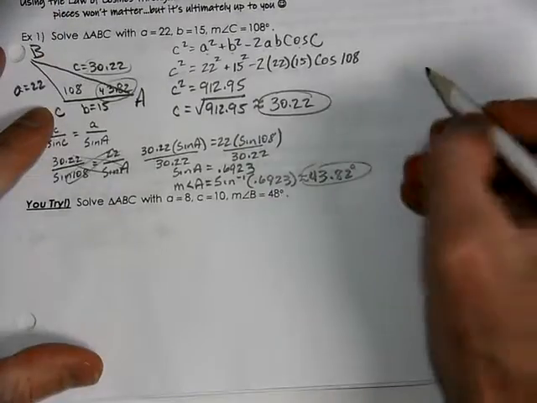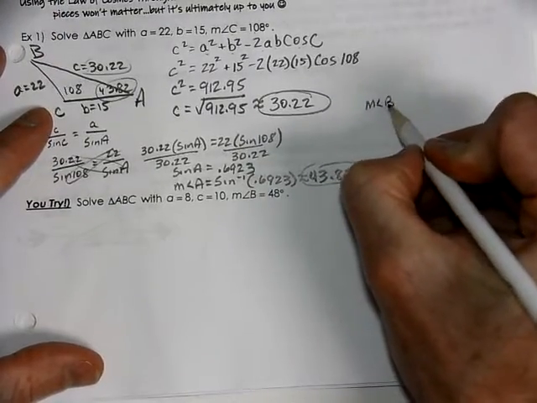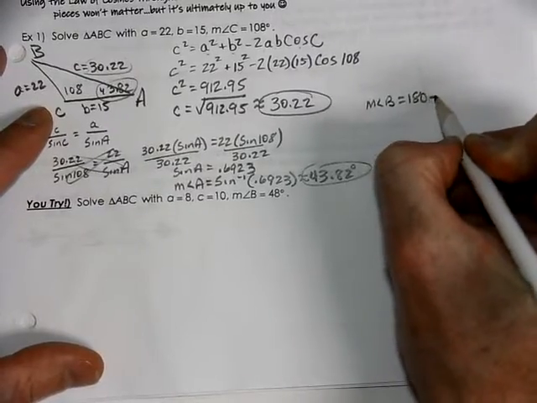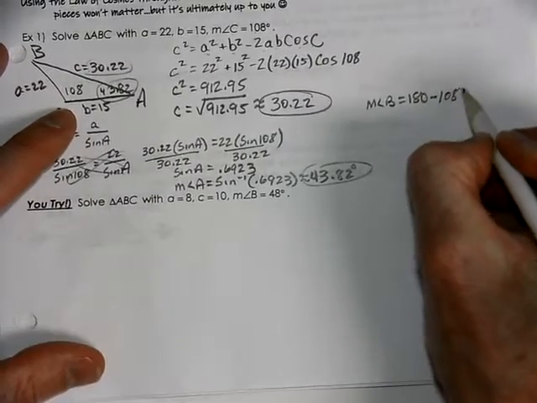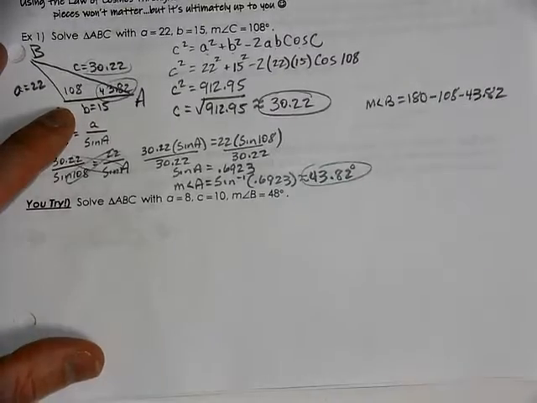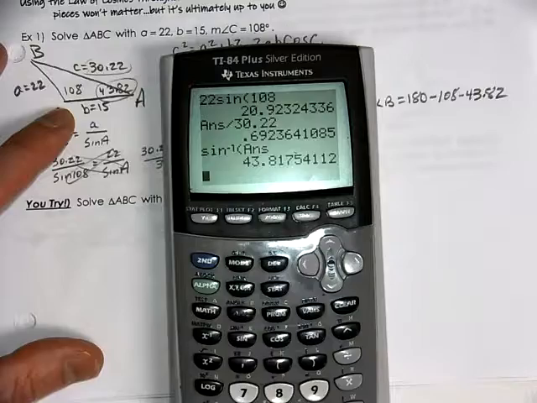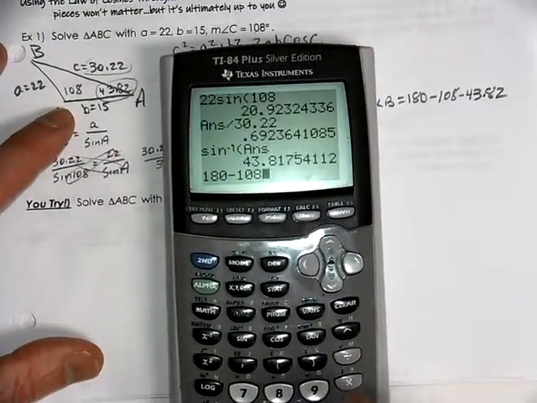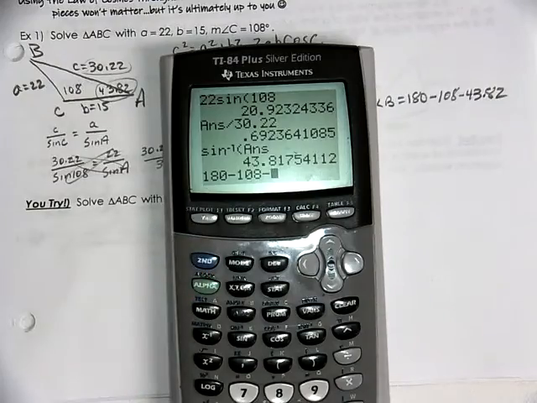Our last angle would be angle B, and that can be found from 180 minus 108 minus 43.82. So 180 minus 108 minus, you could say previous answer if you want.